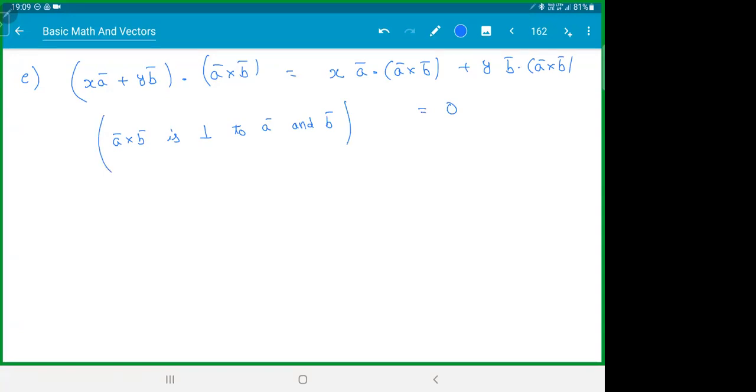What is the physical meaning of this? If you take this as A bar and this as B bar, when you take X A bar plus Y B bar, it is simply a vector in the plane of A bar and B bar, if you just multiply with some constants.